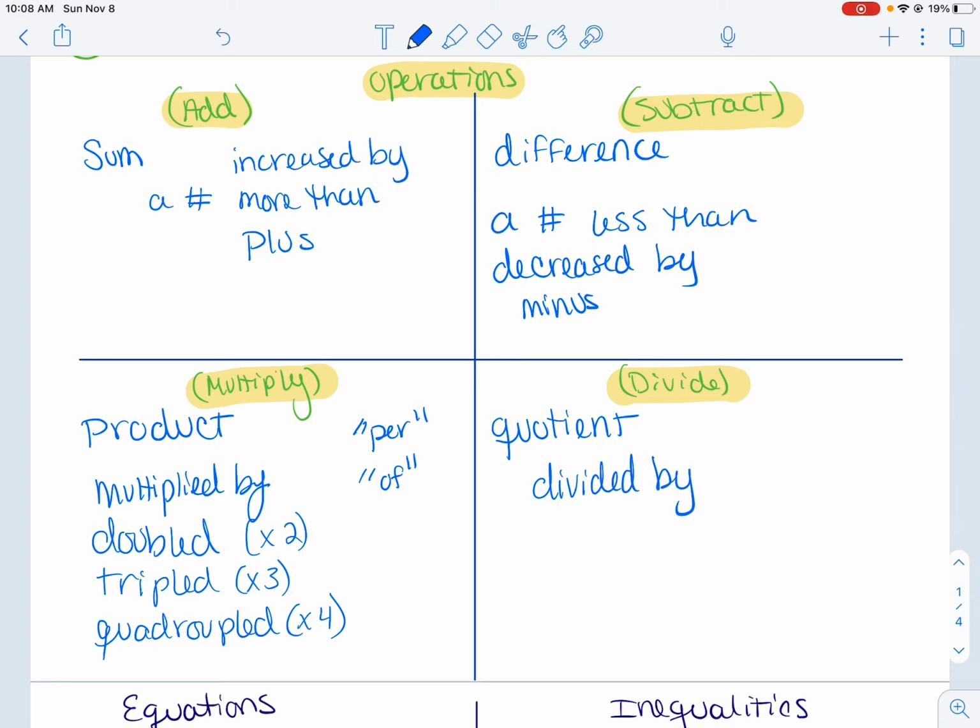Any words that represent fractions, right? So like 3 over 4 would be an example. That's really 3 divided by 4, right? Or what else could be division?